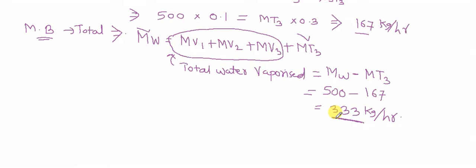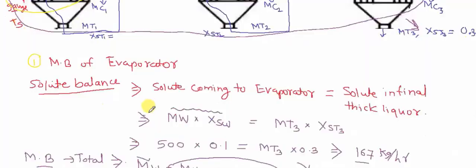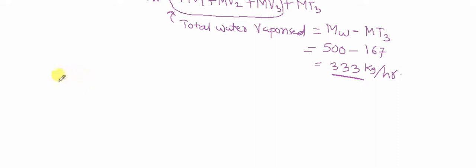Okay, now I use some equations or assumptions. What are the assumptions they have shown there? They have said equal heat transfer in each effect. So that particular assumption we are going to use now. What is that equal heat transfer?